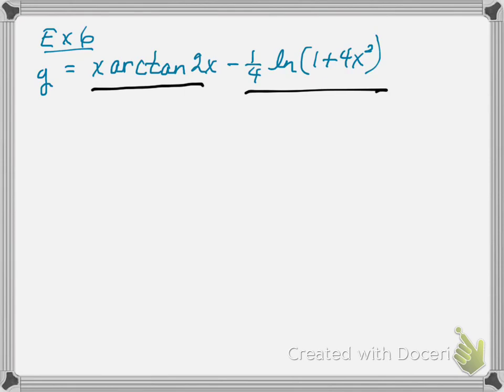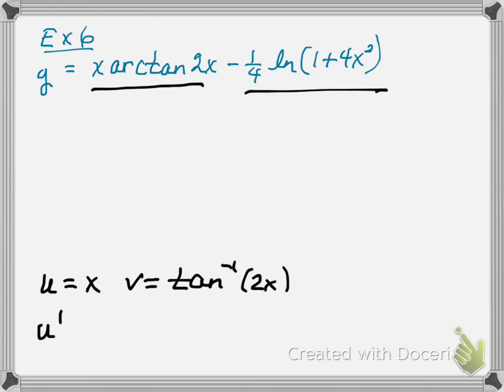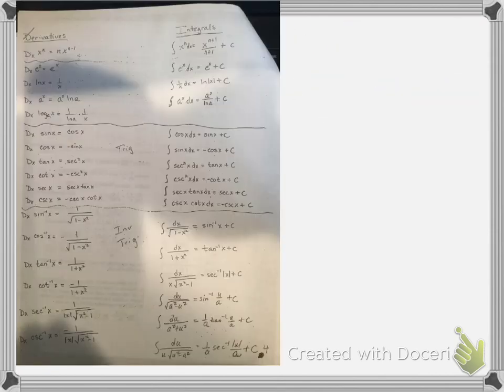Alright, so to start with, let's do our u and our v for the first term. I'll put those down here at the bottom. We'll say u is x, and v is inverse tangent of 2x. So that means my u prime is 1, and my v prime, I used that one just a minute ago, but we'll go look it up again.